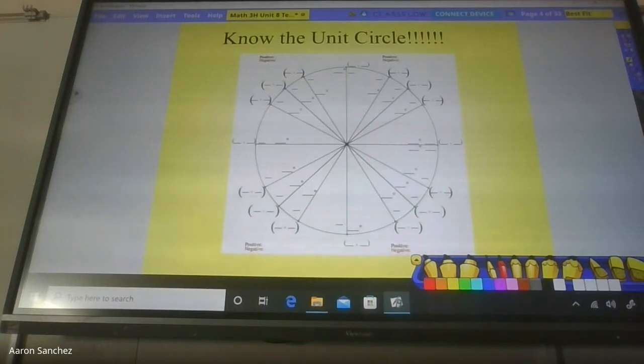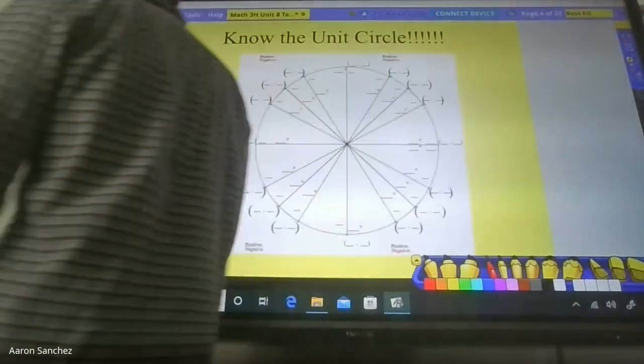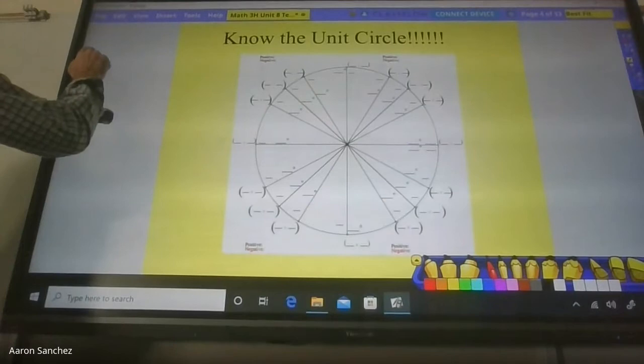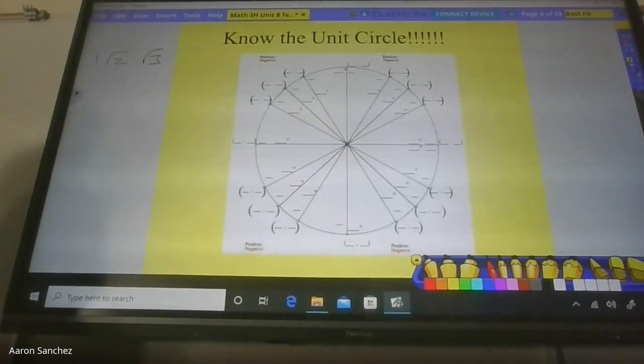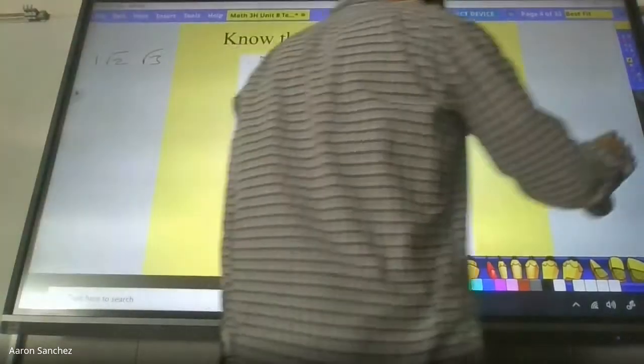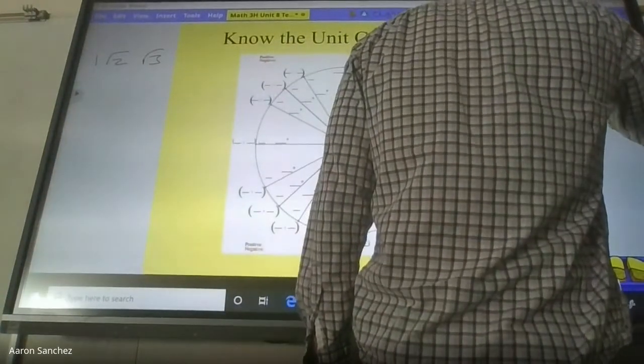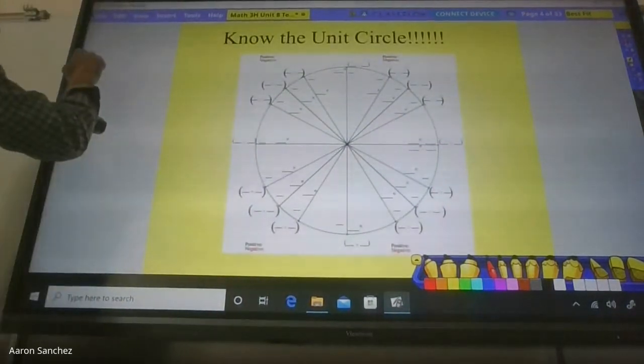So, all you have to know for the unit circle are 4 numbers to get 90% of it. Numbers 1, root 2, root 3. Actually, let's do it this way: 3, 2, 1.